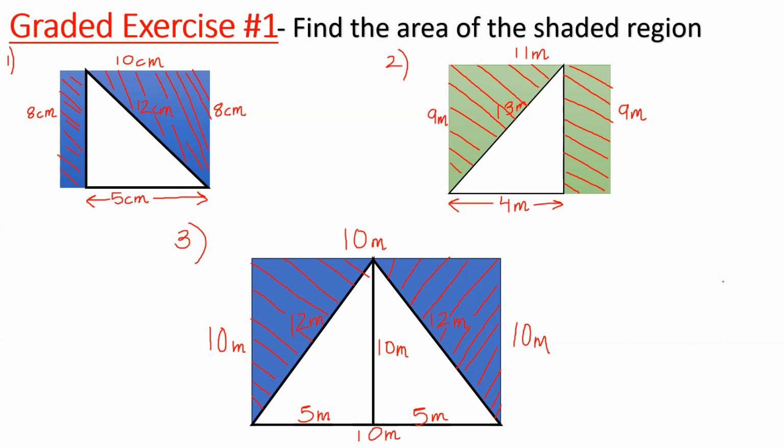Claremont Knight, what number are you on? I can't hear from him. Denisha, what number are you on? Number 3. Dante, what number are you on? I'm finishing up with number 2, going on number 3.